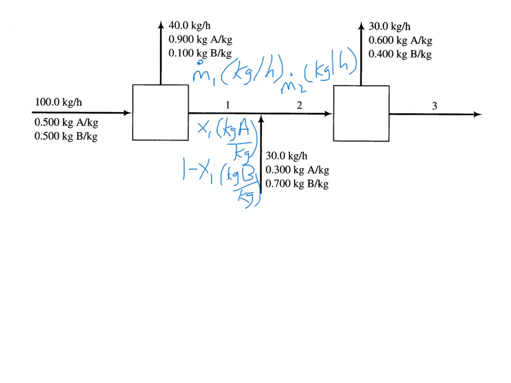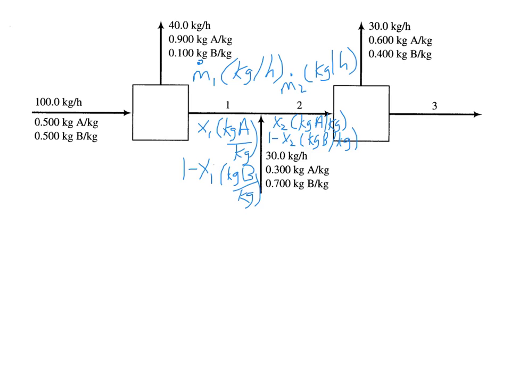Put a dot there. And then we have X2, and this is kilograms A per kilogram. And then 1 minus X2 is kilograms B per kilogram. So that's parts of stream 2.